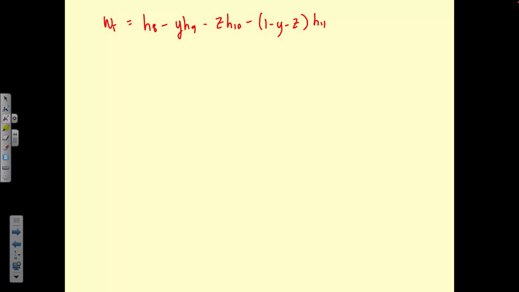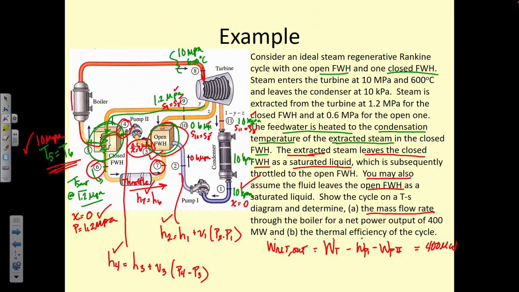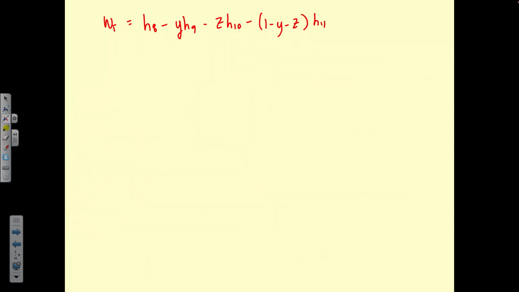So what I've done is I said the work of the turbine is equal to what's coming into the turbine, state 8, minus what's coming out, states 9, 10, and 11. And these all have associated mass flow rate ratios or fractions with them. Okay, so in order to find the work of the turbine, I need to know Y and Z, which I don't currently know.